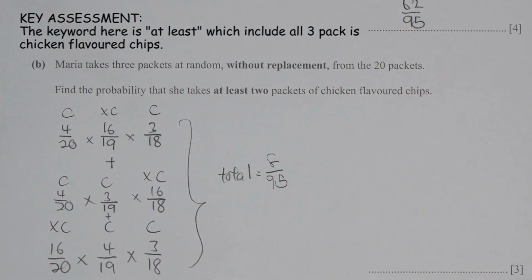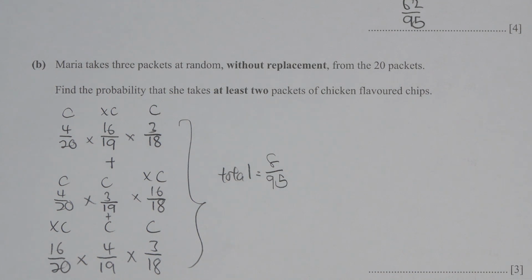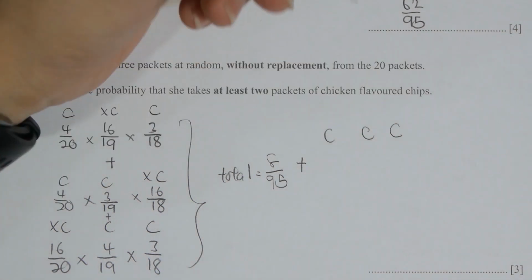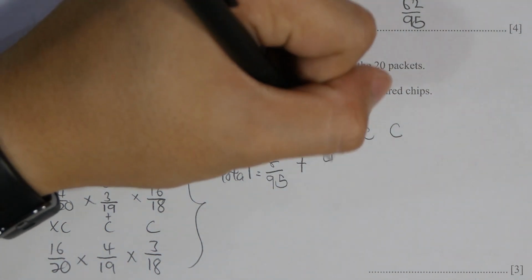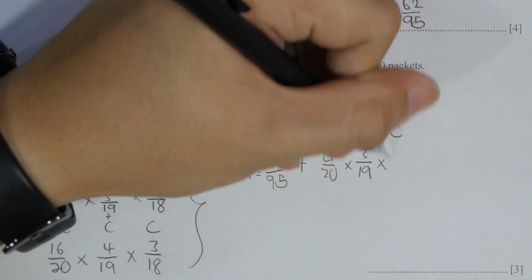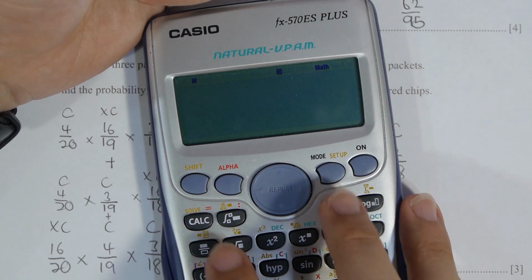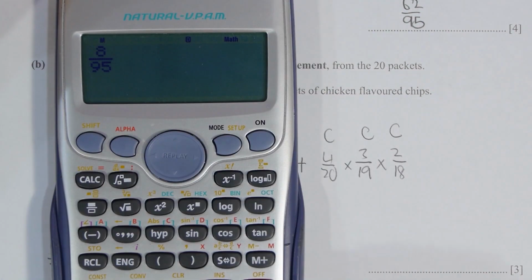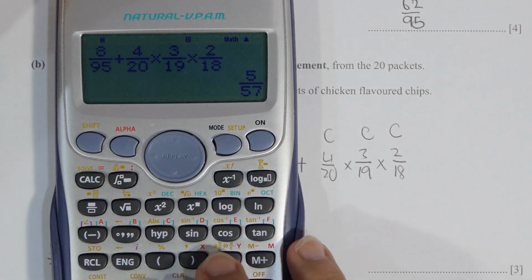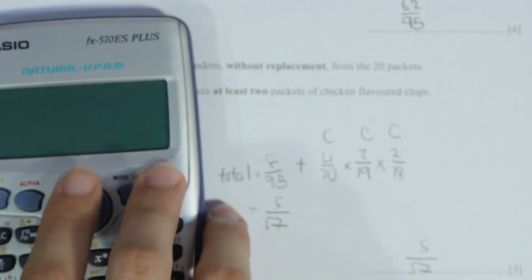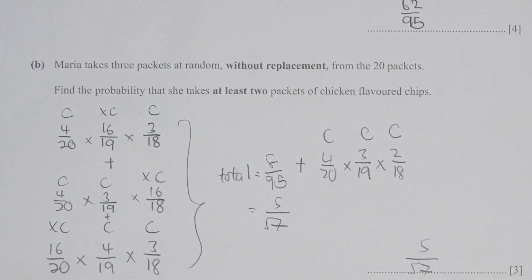Okay, and the total you actually need to add with chicken, and chicken, because they say at least, which includes all 3 of them being chicken flavored. So the final result is 5 over 57. And the 8 over 95 here is the probability that there are only 2 chicken flavored chips.